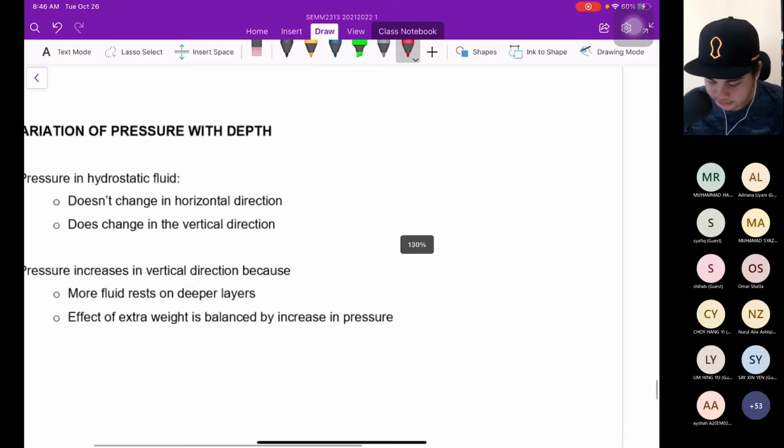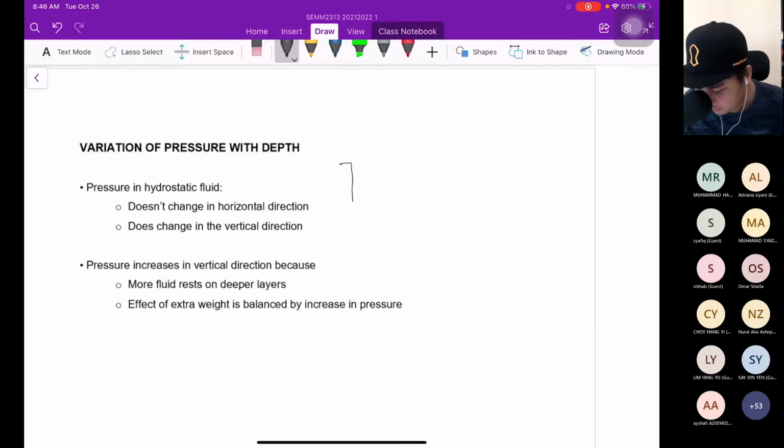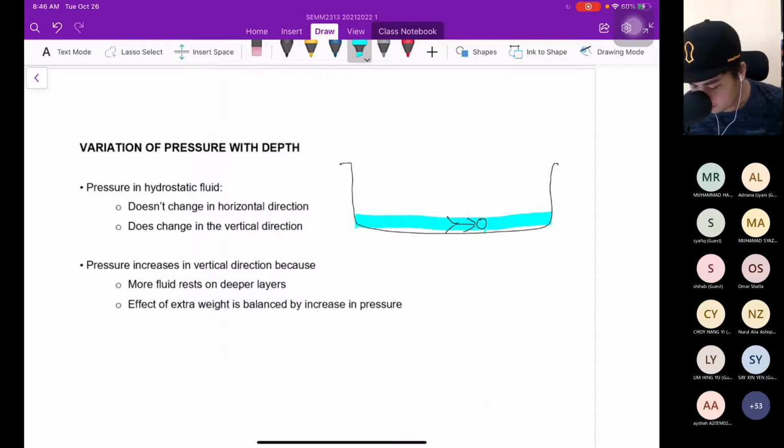So let's say this is a pool, and this is you swimming at the bottom. When we feel the first stage of water, what do you experience?